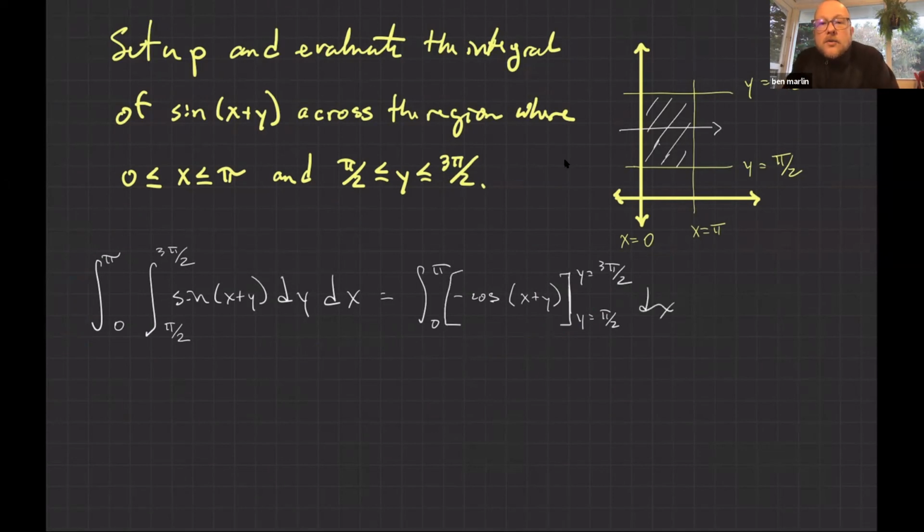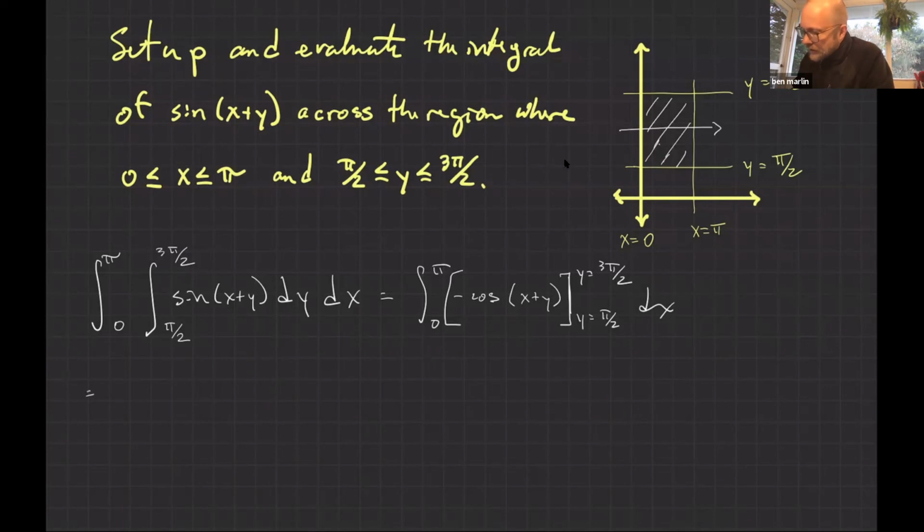So you probably are asking, do I have to write the y equals? No, you don't, but you have to remember it, okay? So make sure that you write things neatly and that I can tell that you mean for the y to be pi over 2 and 3 pi over 2.